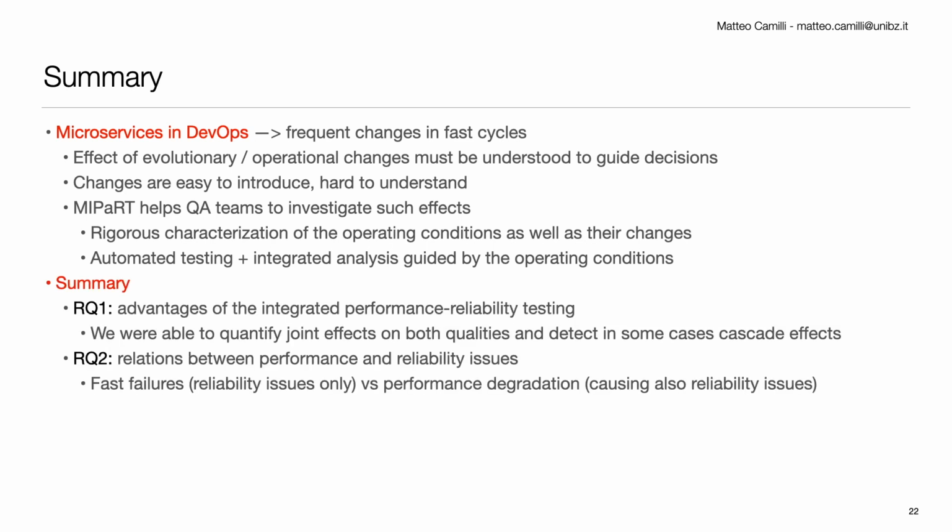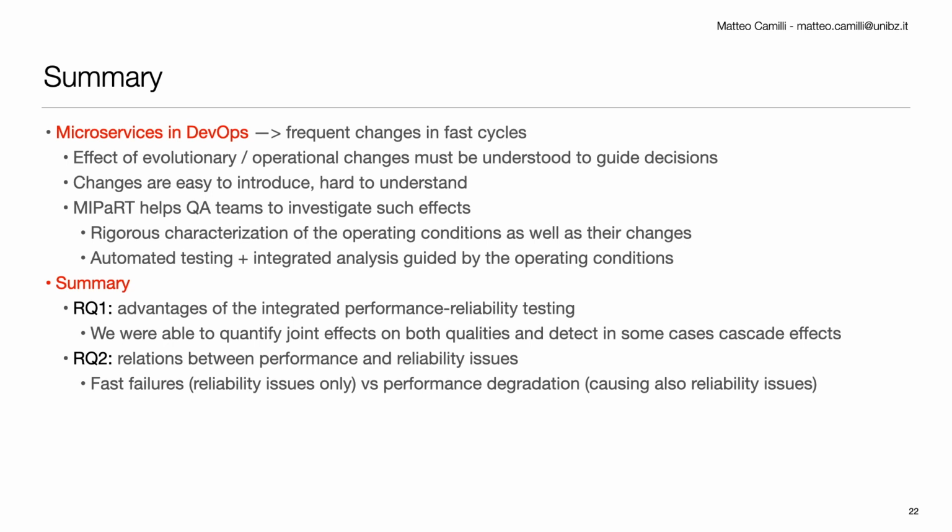In summary, in the context of RQ1, we wanted to understand the advantages of the integrated performance and reliability testing approach. According to our experience, we were able to quantify joint effects of both our qualities of interest, the performance and the reliability. And we were able to detect in some cases cascade effects, which is indeed not possible if we consider the qualities in isolation.